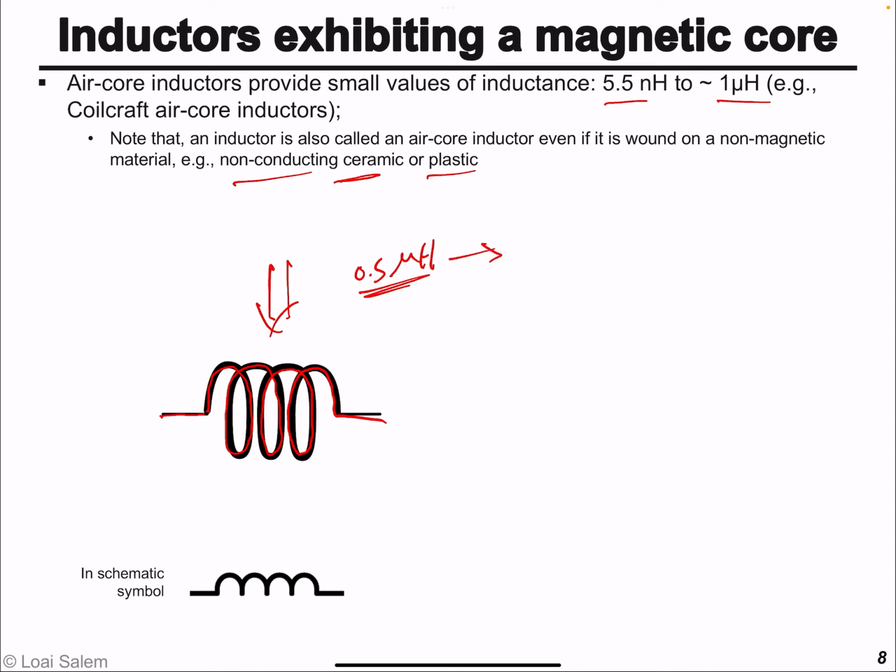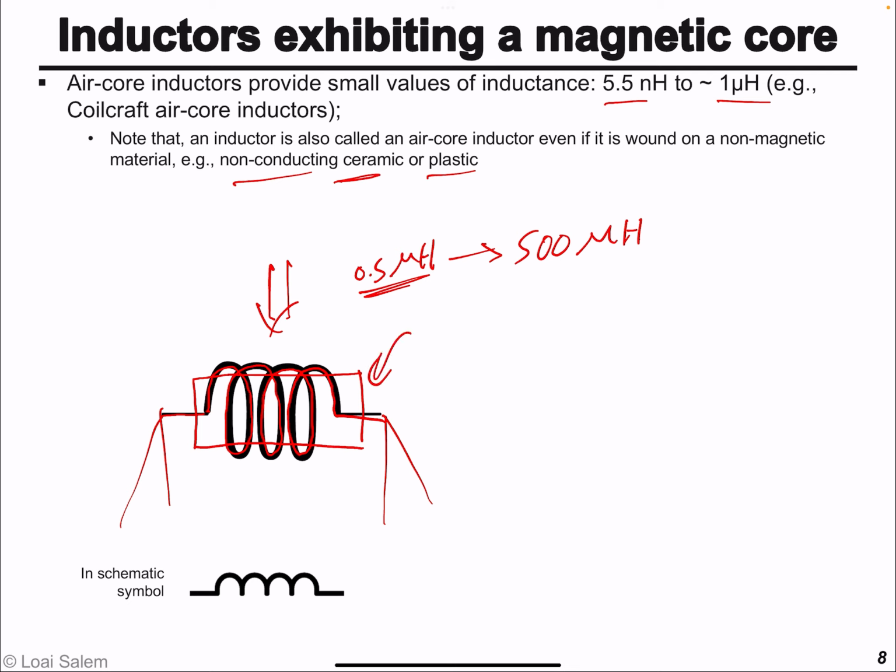If we just bring a piece of ferromagnetic material and put it inside the inductor, and we measure the resultant inductance for the same geometry and the same number of turns, you will find it maybe 500 microhenry. So the whole secret to achieve higher inductance in the same volume size, with the same geometry and same number of turns, is just to use a ferromagnetic material.